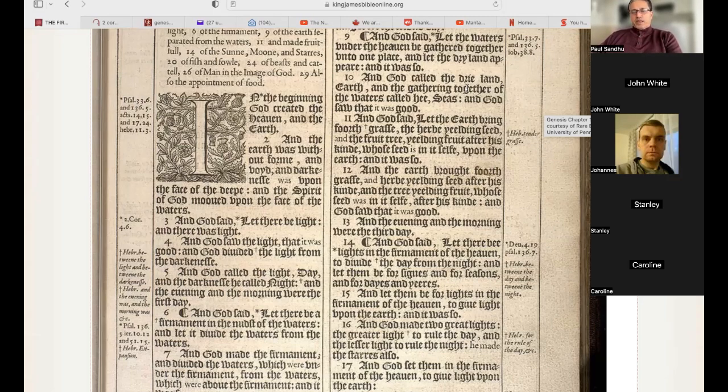And then he has brought into view one more time this dry land, which had already existed, that was created in Genesis chapter 1, verse 1. And God called the dry land earth, and the gathering together of the waters called he seas, and God saw that it was good.